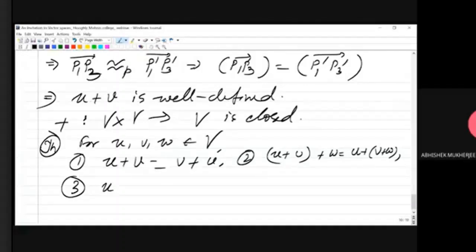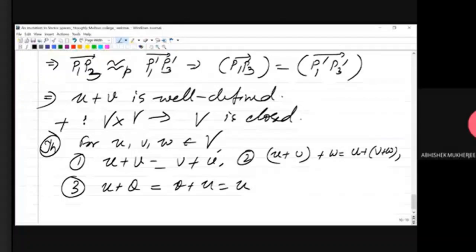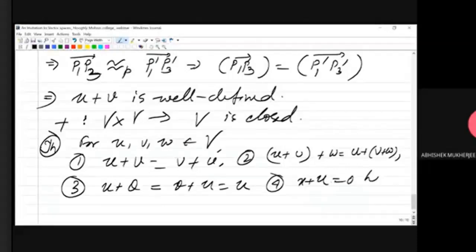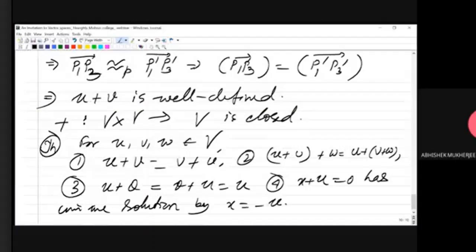So I'm just doing the addition properties. Also, for any vector u, you can define a unique additive inverse. So this equation has a unique solution, which can be denoted by this.